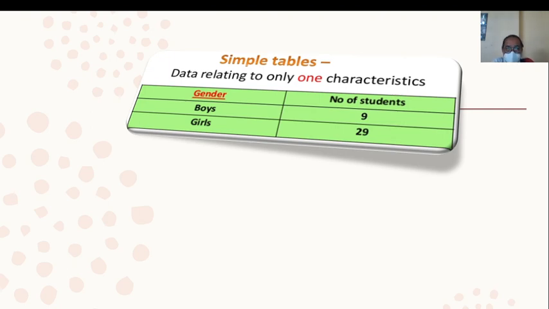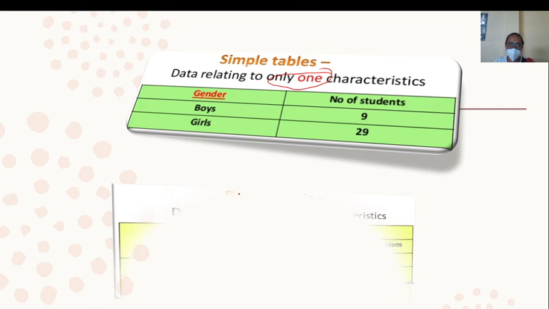Here, for example, in your class, in elementary statistics and probability, if you want to find kung ilan daw ang lalaki at babae na naka-enroll sa elementary statistics and probability, ang tawag dun ay simple table because relating to only one characteristic. Anong characteristic yun? Gender. Nakuha.